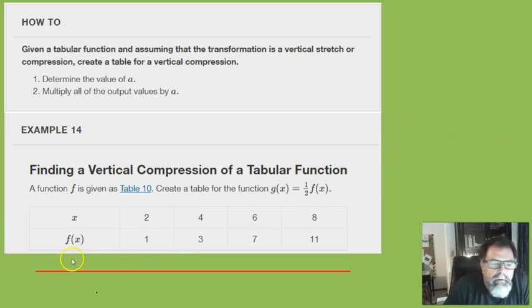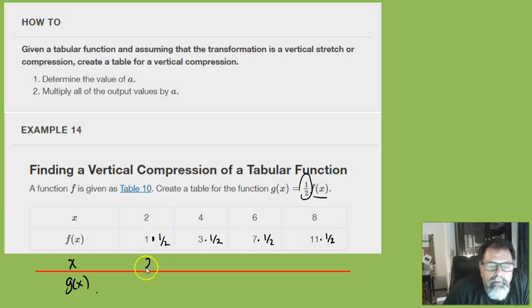Okay, so if we're going to do x, g of x, remember g of x is 1/2 of f of x. So we're going to take, remember this is the y coordinate or the output value for each given x. So we're going to multiply all these by 1/2 to create our new function.